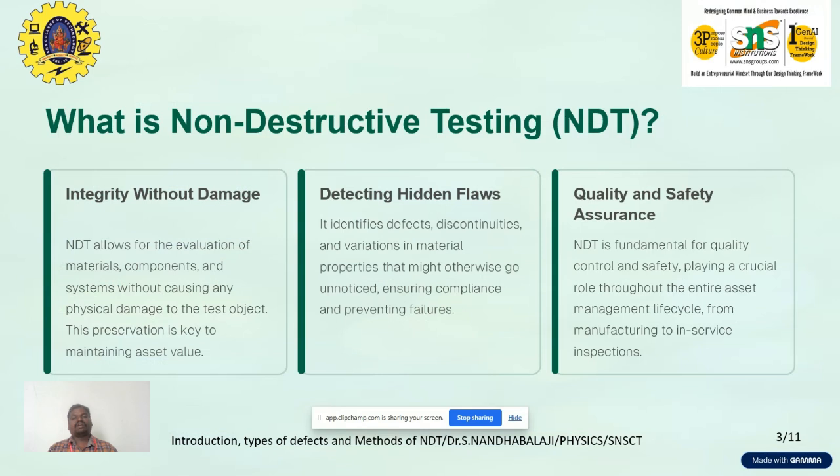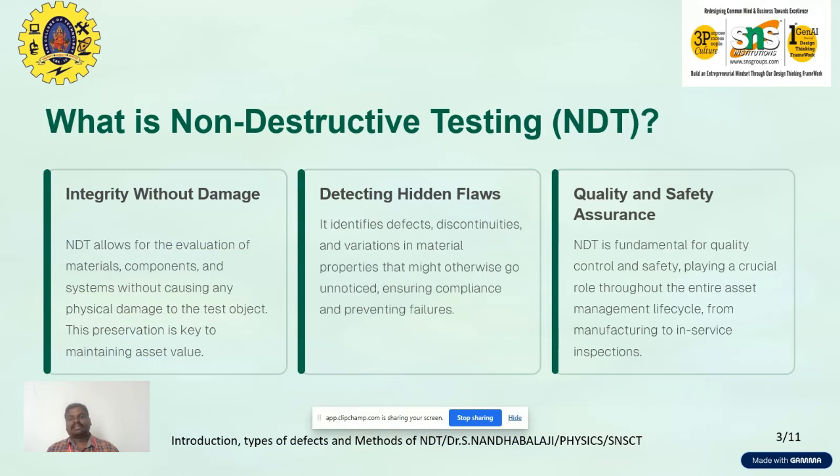Detecting hidden flaws, it identifies defects, discontinuities, and variations in material properties that might otherwise go unnoticed, ensuring compliance and preventing failures. Quality and safety assurance. NDT is fundamental for quality control and safety, playing a crucial role throughout the entire asset management life cycle from manufacturing to in-service inspections.